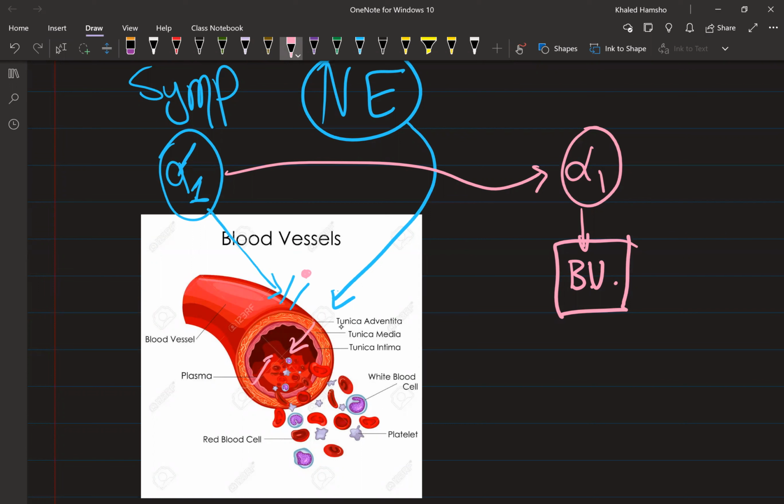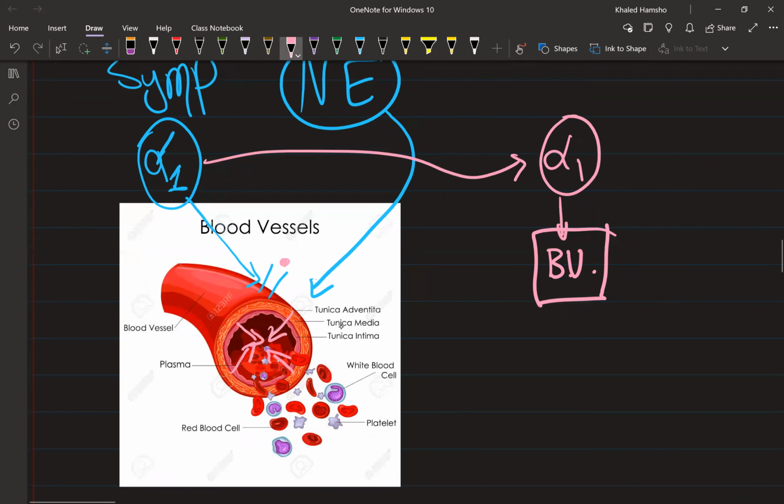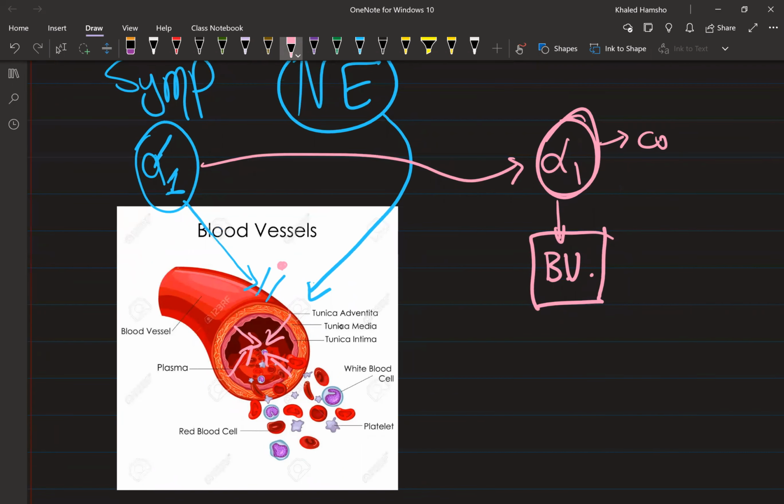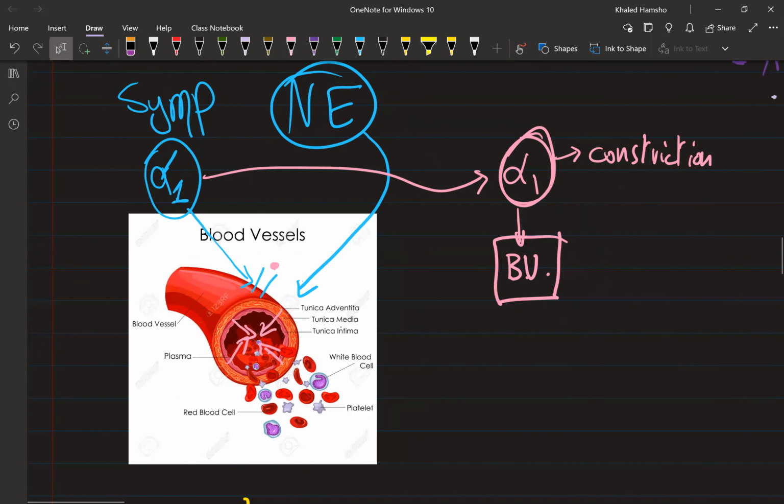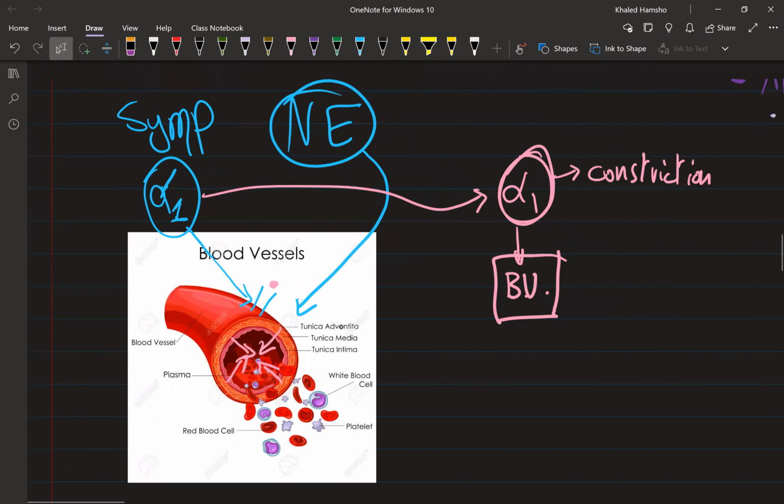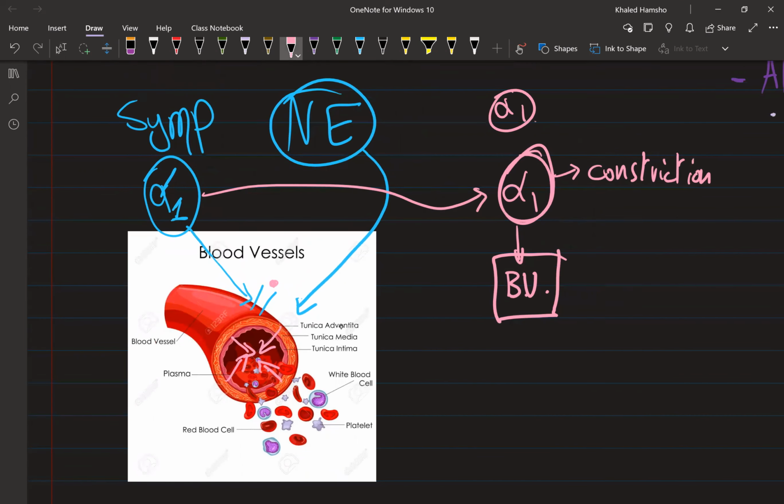Like the hole inside of it becomes smaller. You don't need to remember this function. Just remember that alpha 1 causes constriction of blood vessels. This is just to correlate it. Alpha 1 stimulation causes constriction of blood vessels.